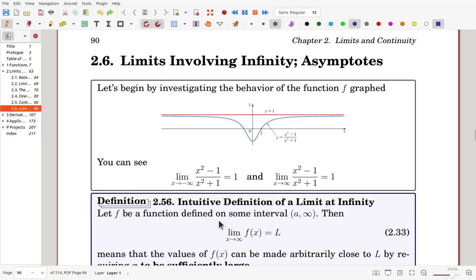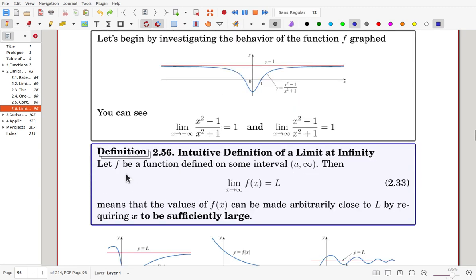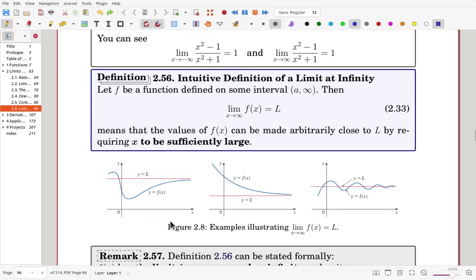Let's see this intuitive definition. f is defined on some interval from a to infinity. Then we can say that f can be made arbitrarily close to L for x sufficiently large. And this limit can be approached in various ways.